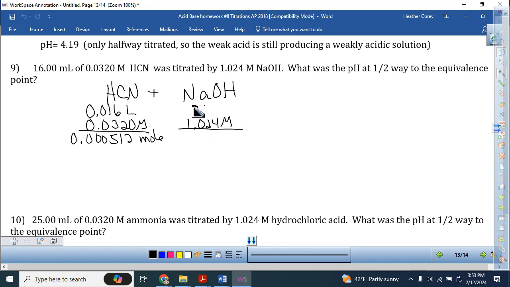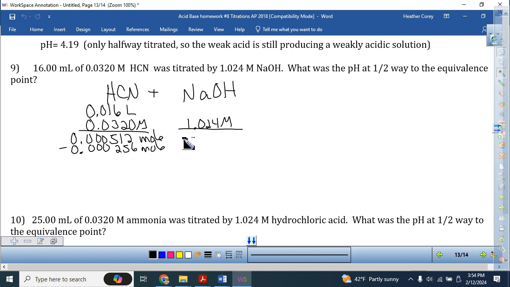Okay, this is halfway to the equivalence point, so we're only going to use half the number of moles. We're only going to react half the moles of the HCN because it's halfway to the equivalence point. So that means we're only going to react 0.000256 moles.